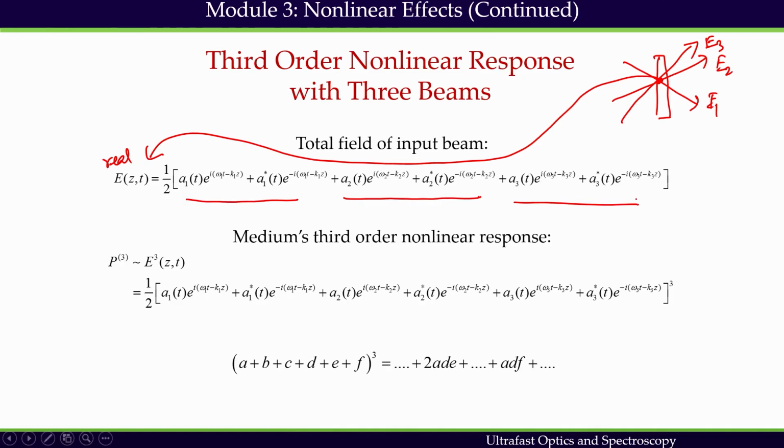If I consider the third order response, then I have this cube term, and finally this whole equation is reduced down to the standard expression, which is (a plus b plus c plus d plus e plus f) cube, which will have many terms. Among them, we'll select only two very important terms. One is ADE, another one is ADF.